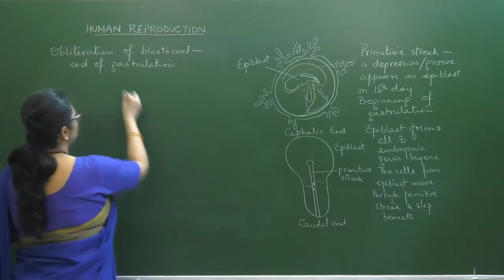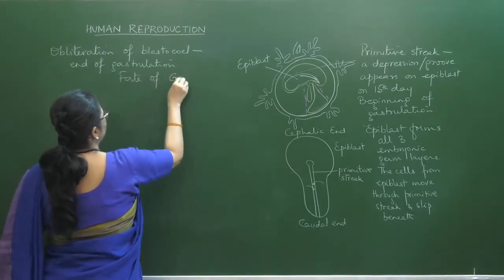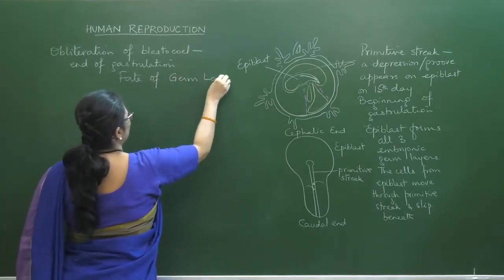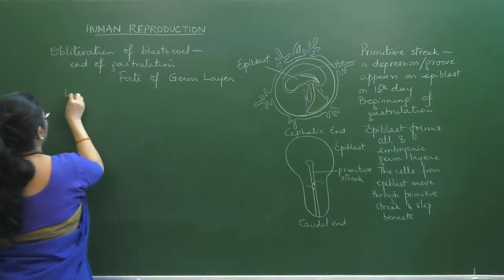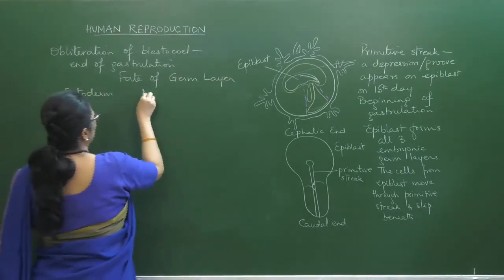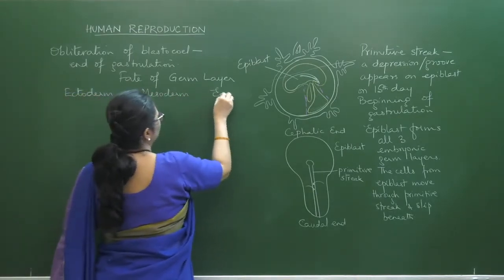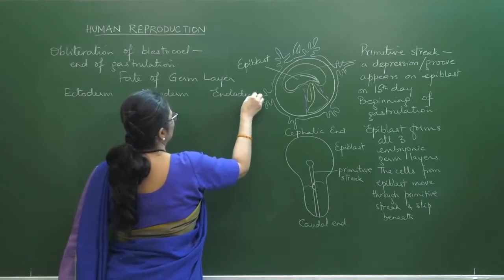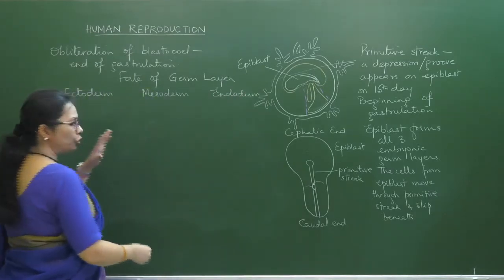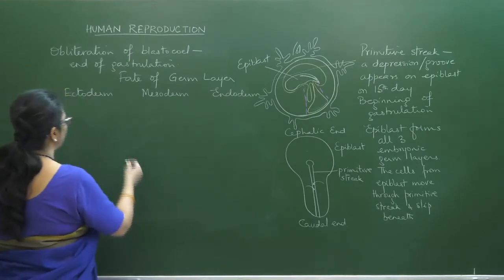Okay, and now the fate of these germ layers, what are these germ layers going to form? Fate of germ layers: ectoderm, mesoderm and endoderm. In tissues, epithelial arises from all three, so I am leaving that.